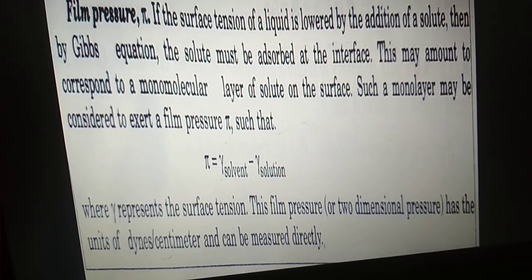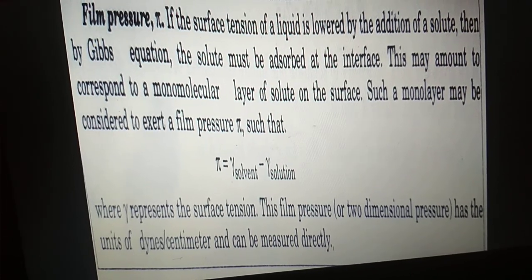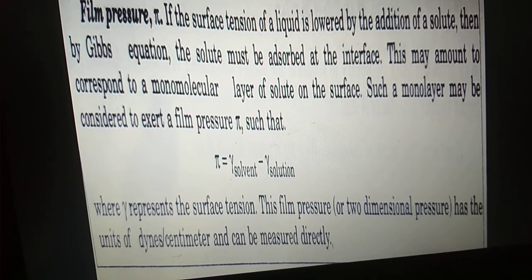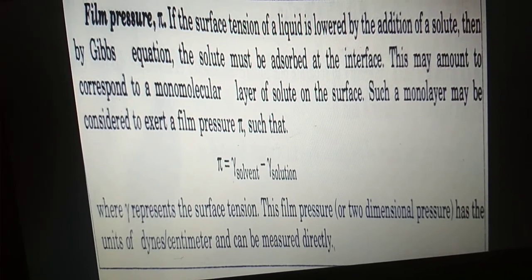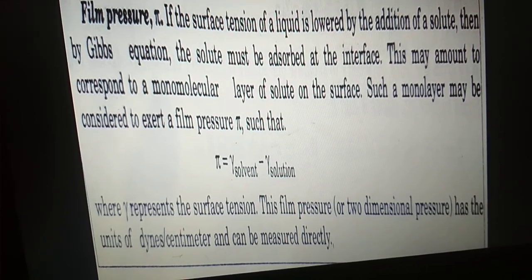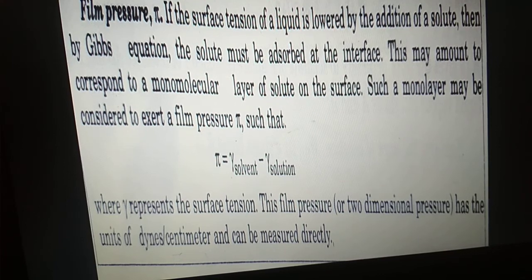Film pressure or surface pressure: the surface tension of a liquid is lowered by the addition of a solute, and by the Gibbs equation the solute must be adsorbed at the interface. This may amount to a monomolecular layer of solute on the surface.